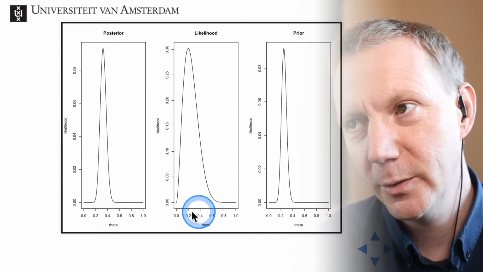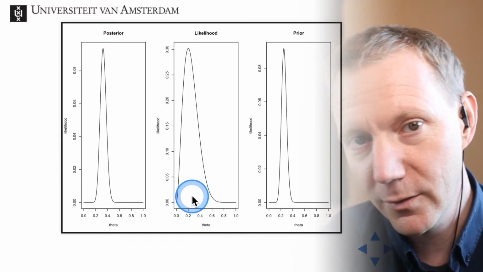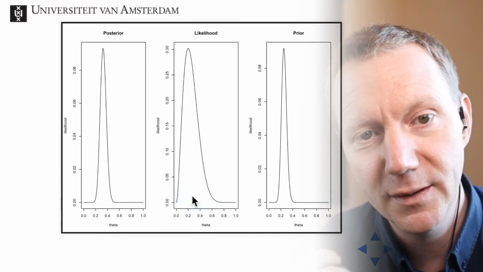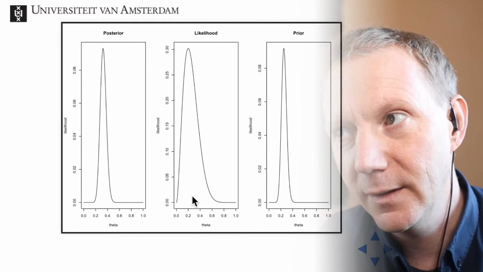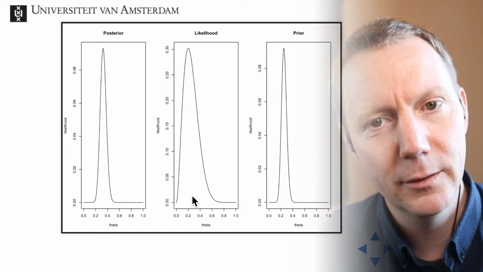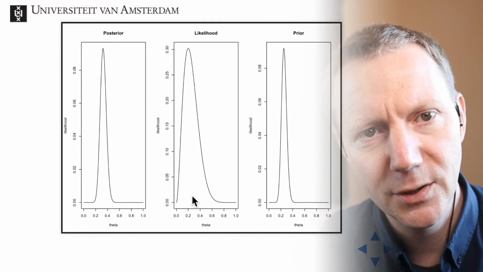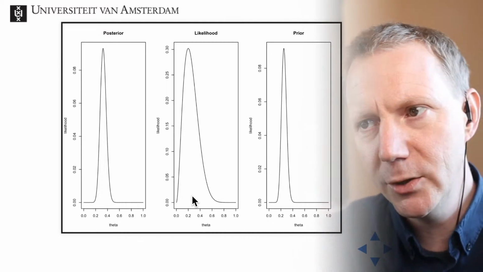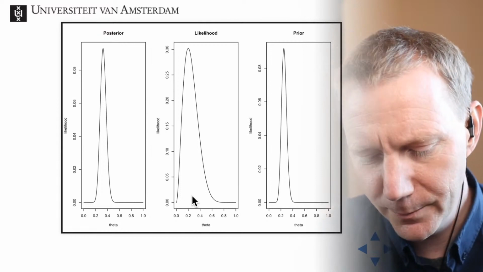If I run the experiment again, throw a number of times heads, then I can update my belief again, right? So that is what's happening when you update your belief.